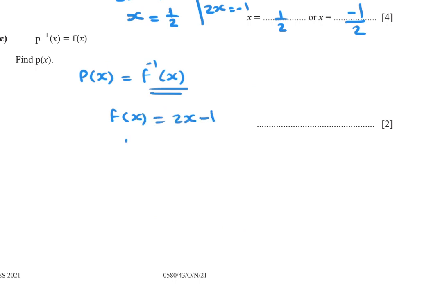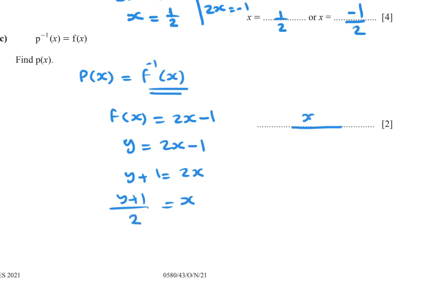So y equals 2x minus 1. Make x the subject, so y plus 1 equals 2x. Divide by 2, so x equals (y plus 1) over 2. So the inverse is (x plus 1) over 2.